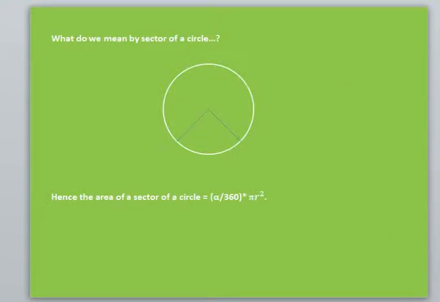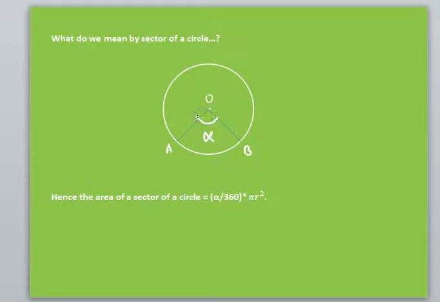What do we mean by the sector of a circle? With this point as the center of the circle O, OAB is known as the sector of a circle. Hence, the area of the sector of a circle is equal to alpha by 360 into pi r square, where alpha is the angle subtended here.